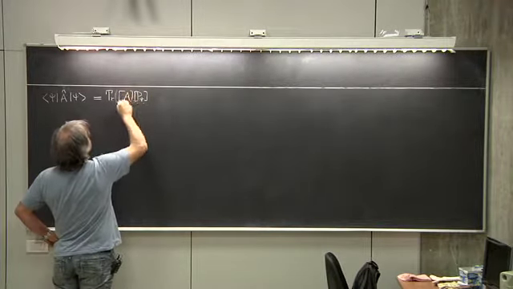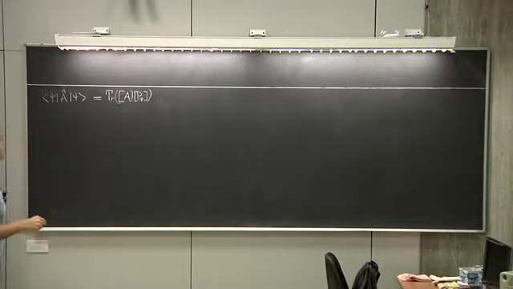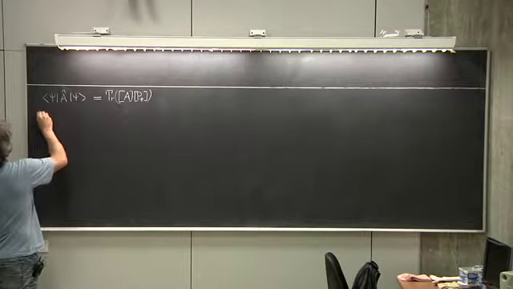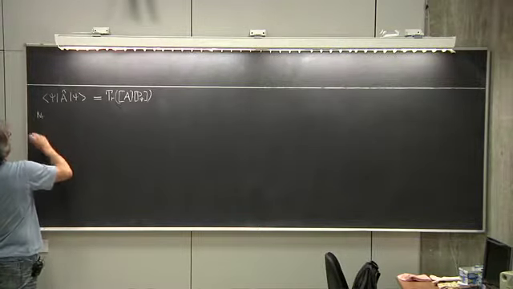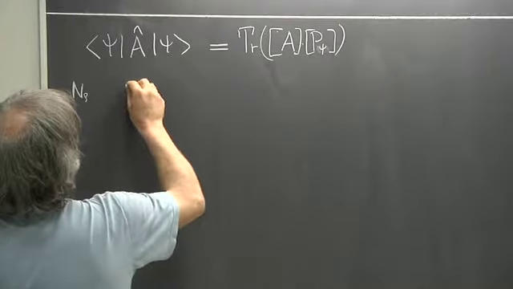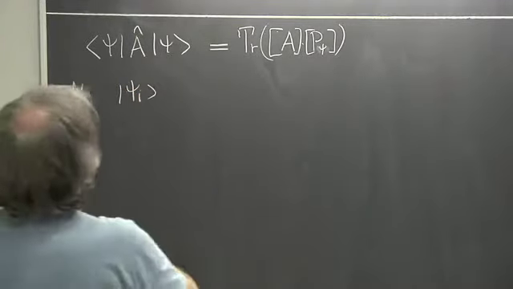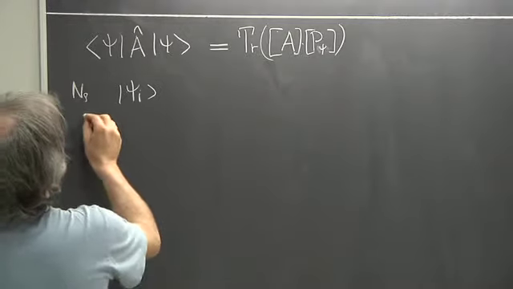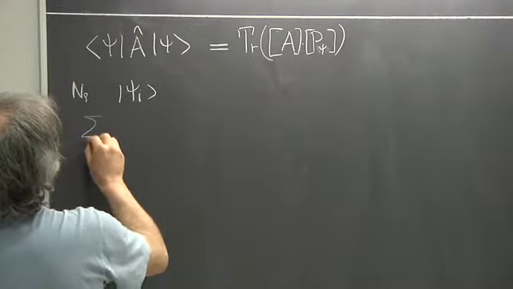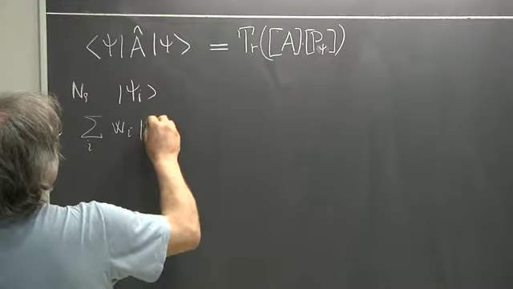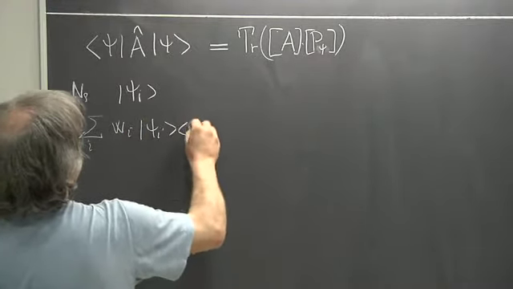Okay? And we said that the most general thing you can do is to have a certain number of states, psi i, supposing them to be orthogonal, and to consider the sum over i of W_i |psi_i><psi_i|.